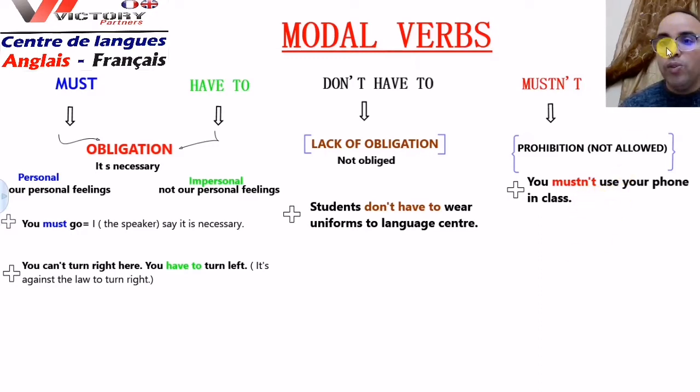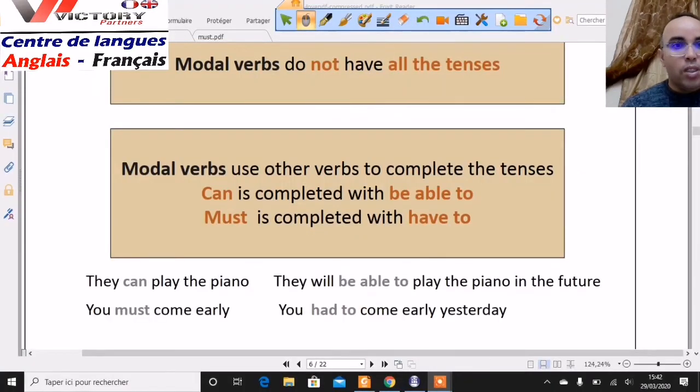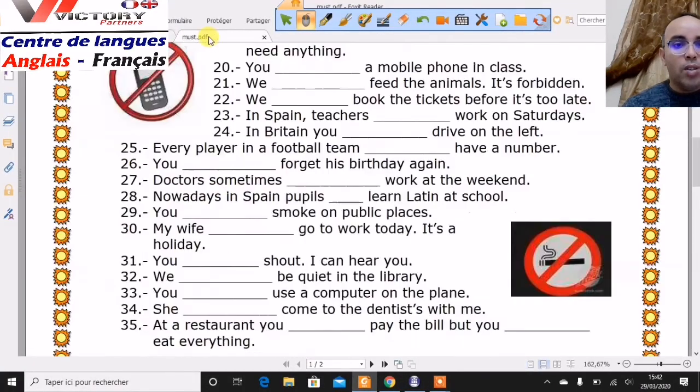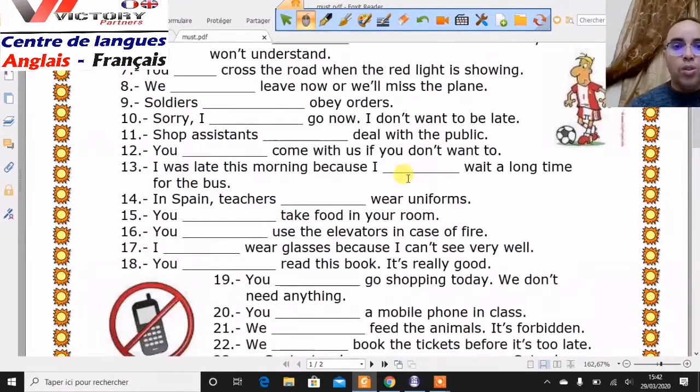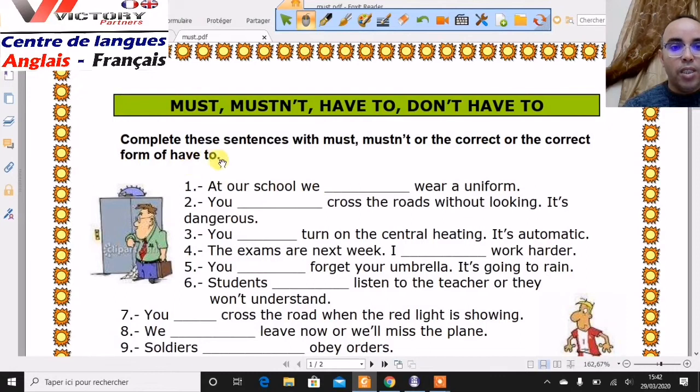Okay, so now we will move to some exercises concerning these modal auxiliaries. Here are the exercises that I want you to do. As you can see here, complete the sentences with must, mustn't, or the correct form of have to.